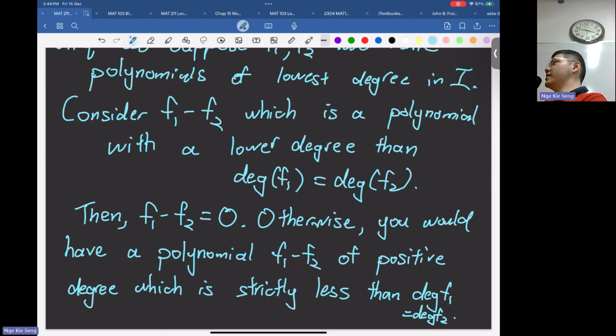If it is not 0, then you have a polynomial F1 minus F2 with positive degree, which is less than the degree of F1 and F2, which is a contradiction, because the degree of F1 and F2 is the minimal out of all the polynomials inside my ideal. Sometimes the argument lies before, sometimes the argument lies after.